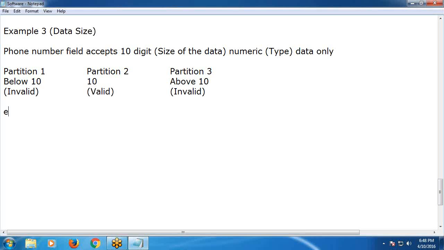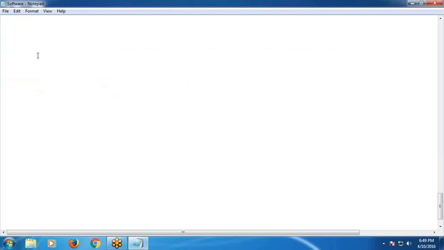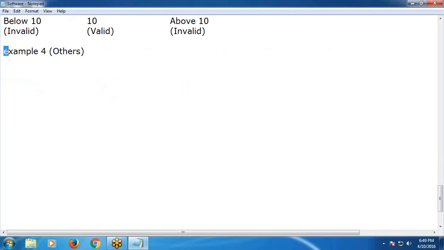Next, one more thing: others. But nowadays, we need not cover this one. I will show. Others means no data type, data size or data range.